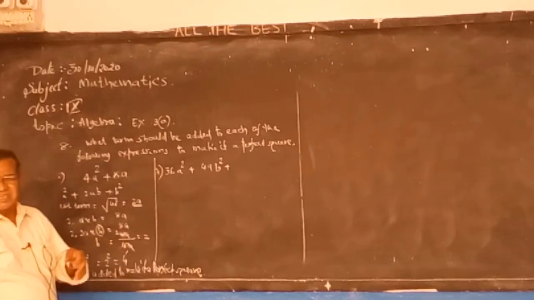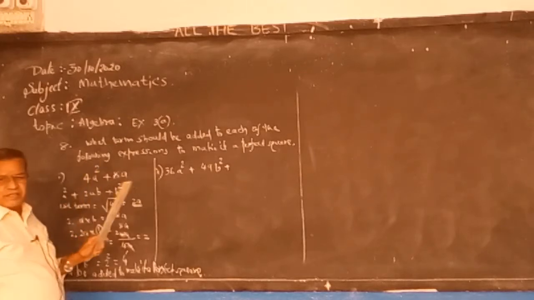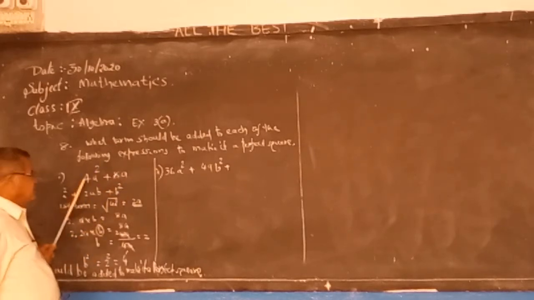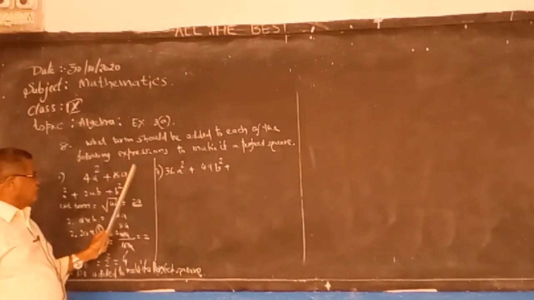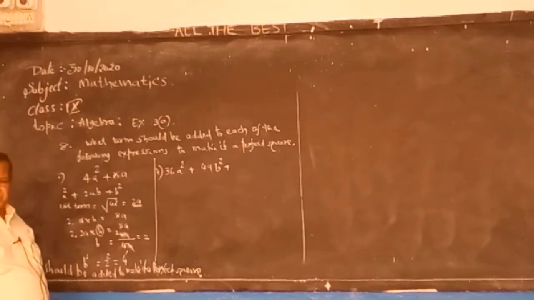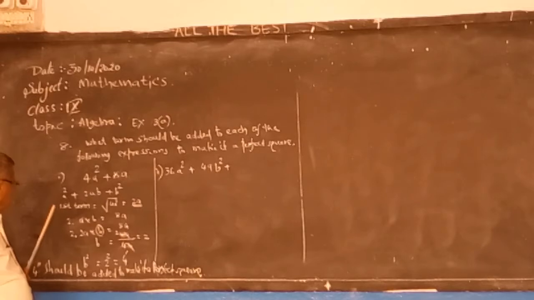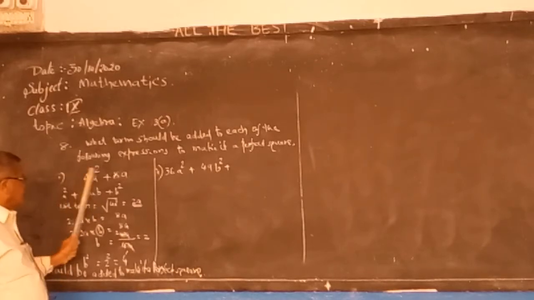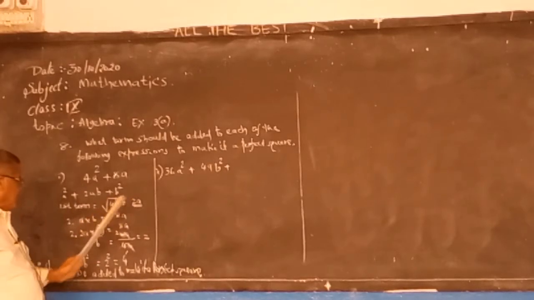There should be three terms in a perfect square. One is the first term squared, the last one is the second term squared, and in the middle, 2 into the product of the two terms, a into b. We suppose the first term as a and the second term as b. Here the first term is the square root of 4a squared, which is 2a.